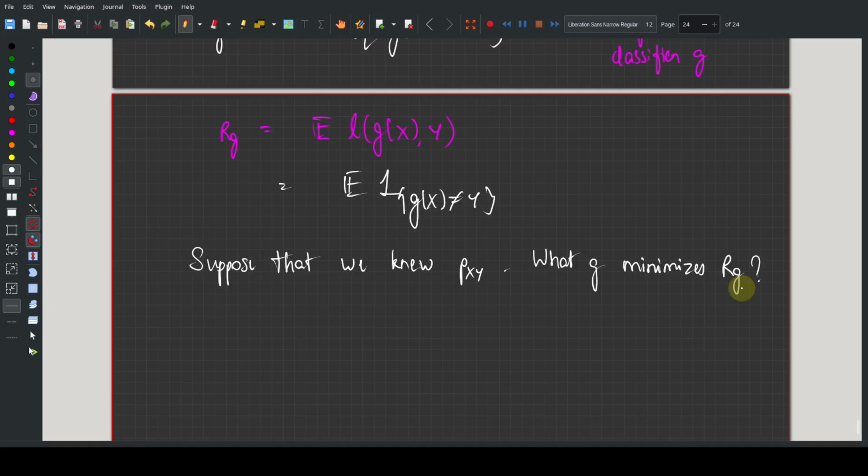In fact, that would be the MAP estimator, or effectively the conditional expectation. So G star is in fact equal to argmax over y of P of y given x.